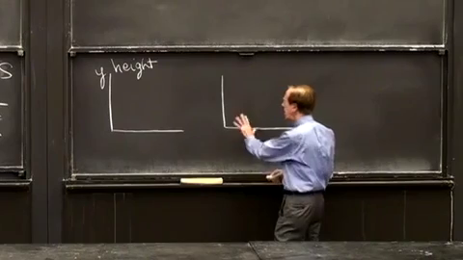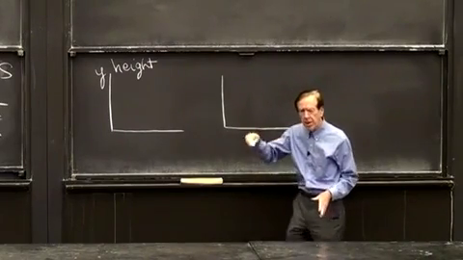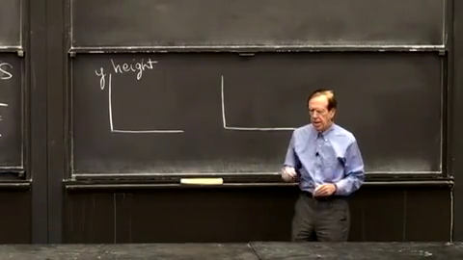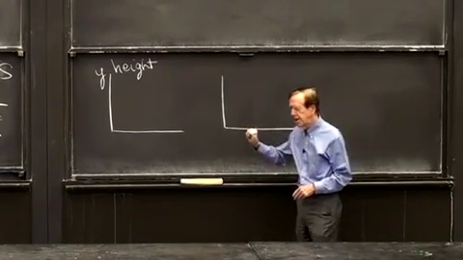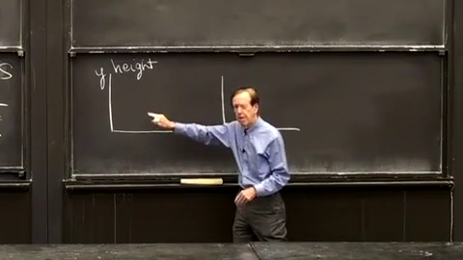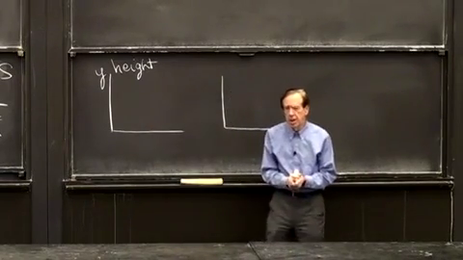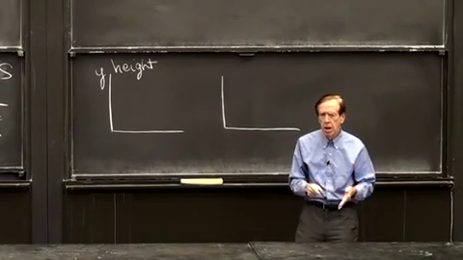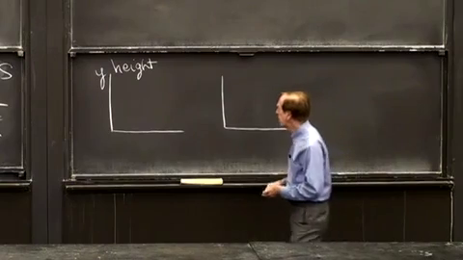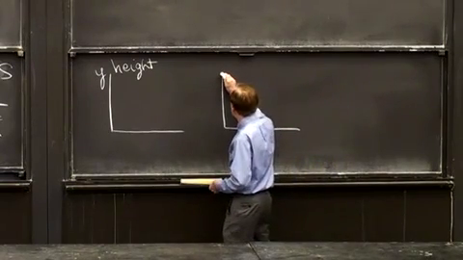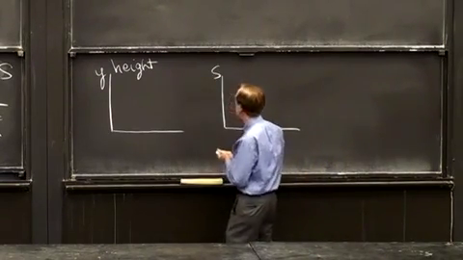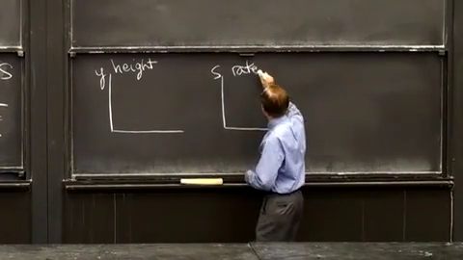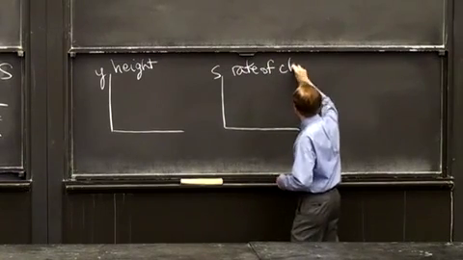And what is this going to be? What is function 2? Well, slope doesn't seem quite right. The point about function 2 is it tells how fast function 1 changes. It's the rate of change of the height. It's the rate of change. So let me call it s, and it'll be the rate of change. Good if I use those words.